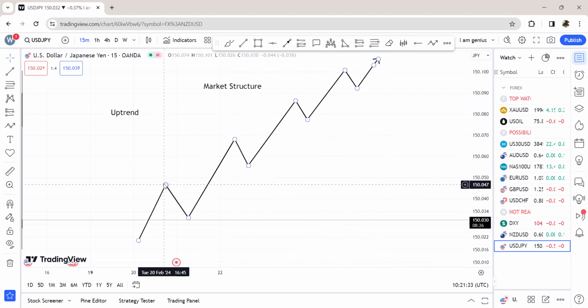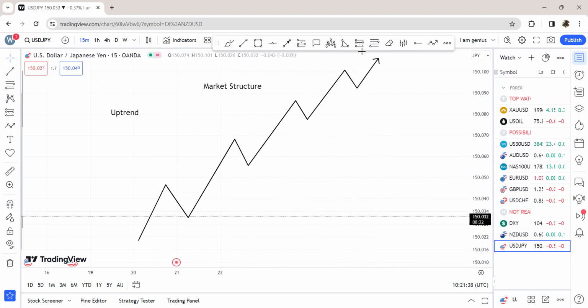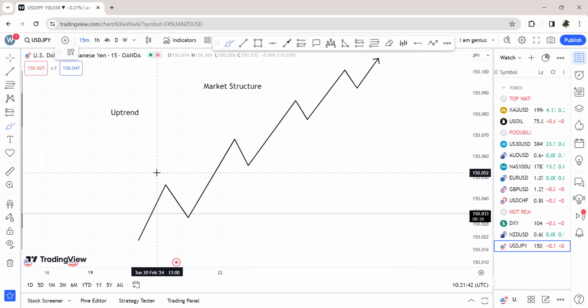Then these have names. This part here is called a higher high.